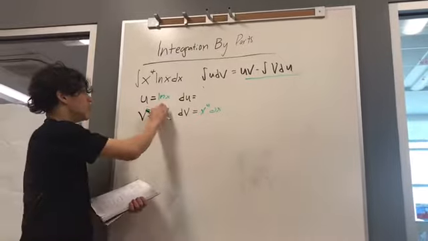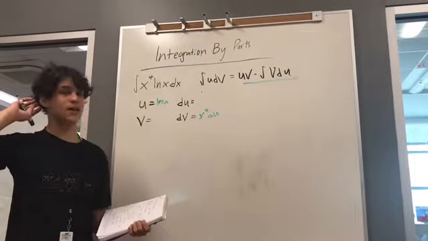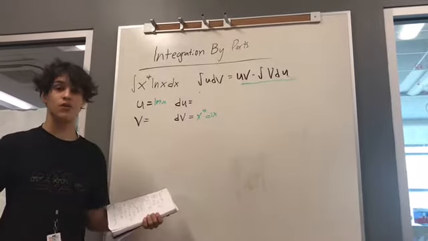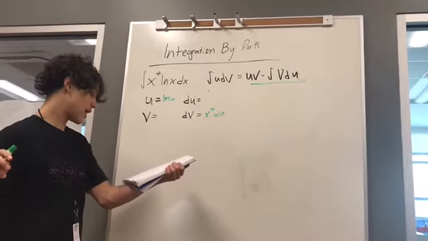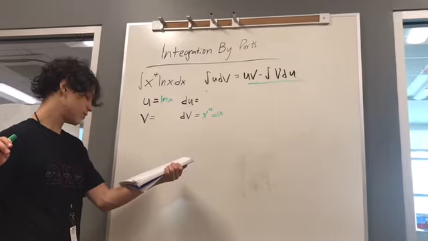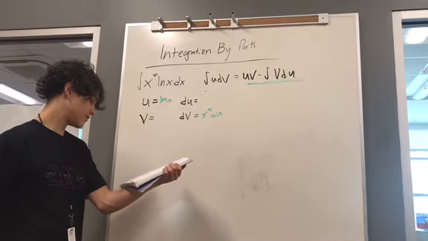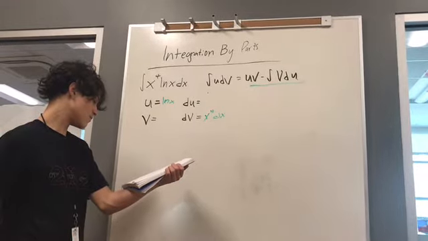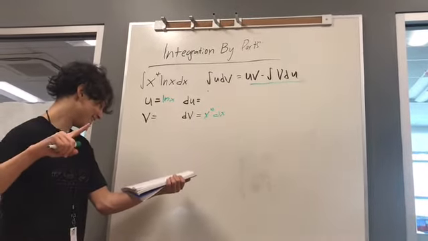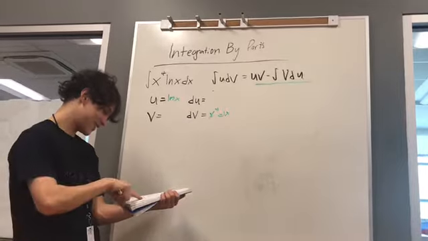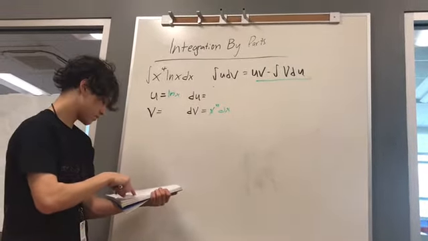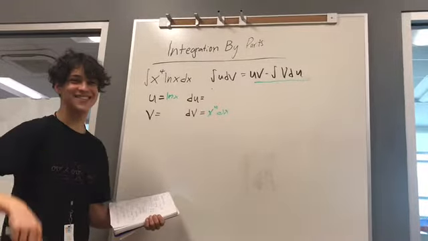So if u is ln x, then we're gonna need the derivative of u. The derivative of natural log is 1 over x.